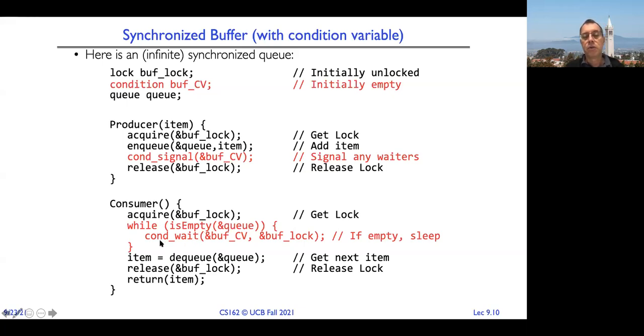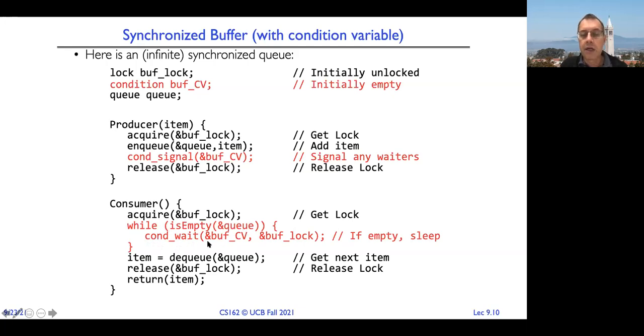And then you call condition wait. So you're waiting for this signal for buff CV. You see, this is the first argument of condition wait, and the second argument is buff lock. Why is that? Because if the queue is empty, this is true.